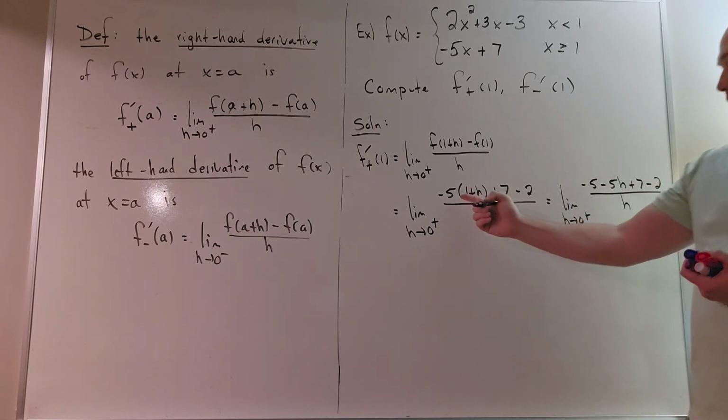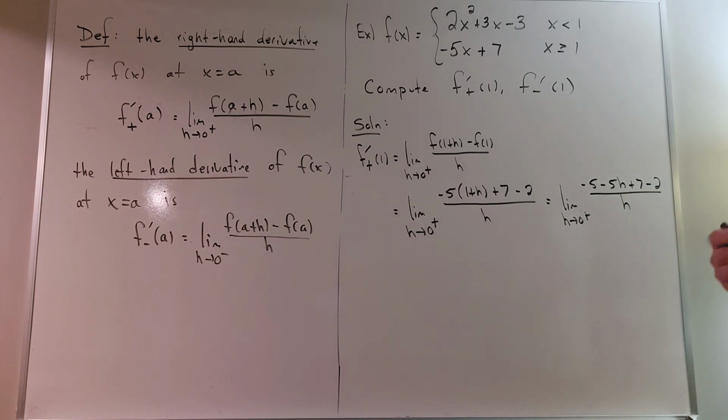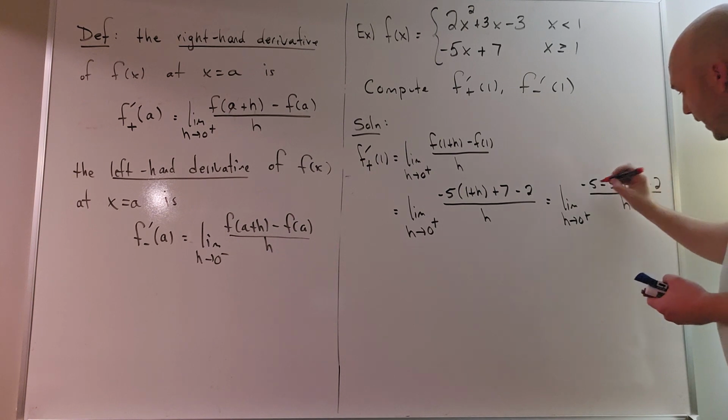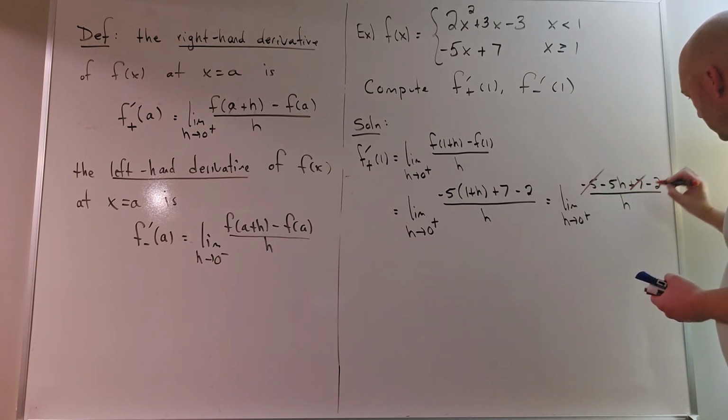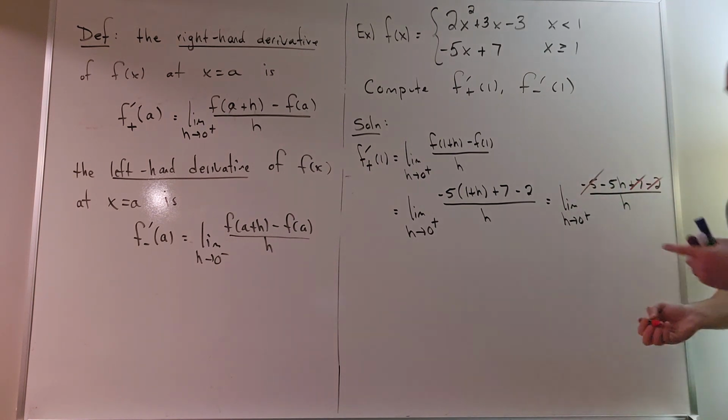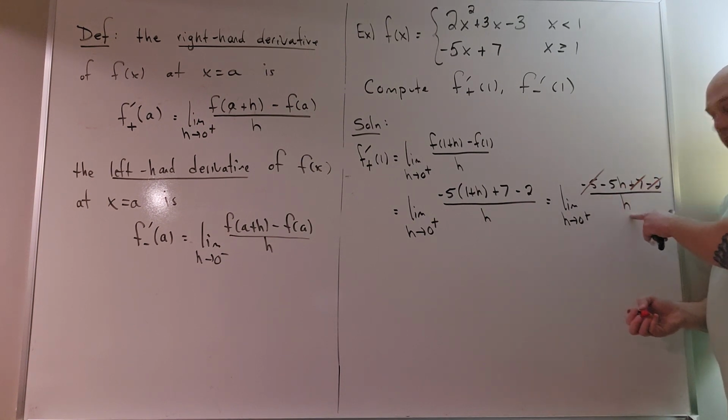So again, I just distributed the negative 5 through the parentheses. And then notice I would have negative 5 minus 2, so that's negative 7 plus 7. That cancels. So the constants cancel. What's left over, I have negative 5h over h.